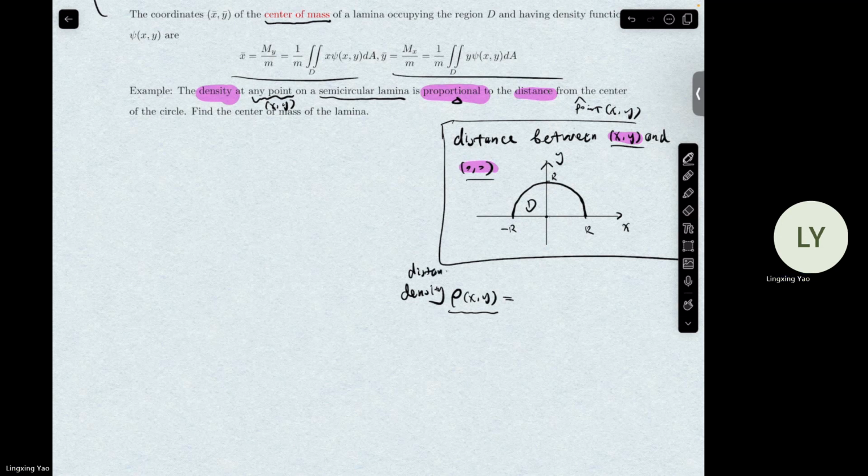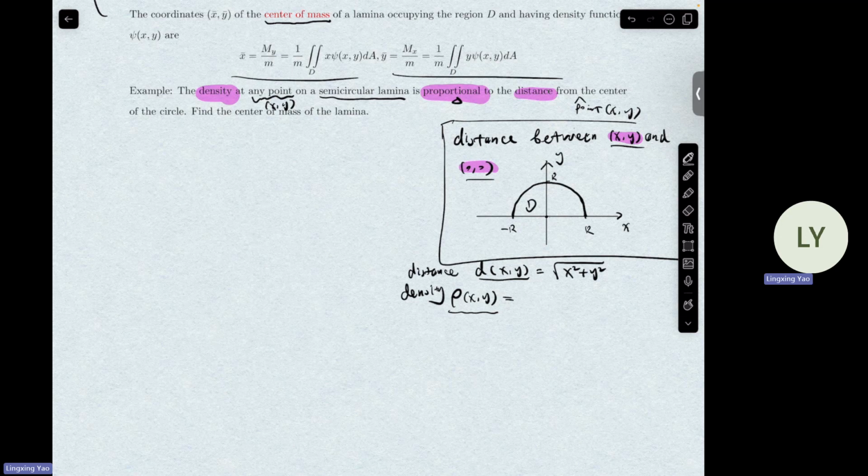The distance d(x, y) from the point (x, y) to the origin is given by the distance formula we learned before.